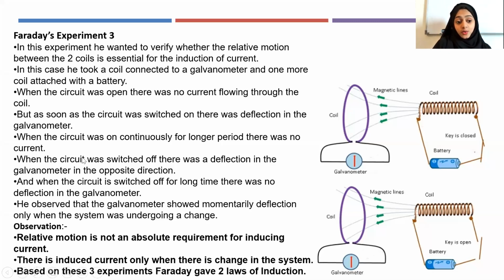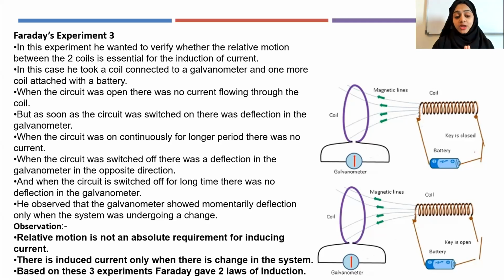Now, when the circuit is switched off, what happens? Suddenly there is a deflection in the opposite direction. When the circuit was switched off, the magnetic field came back from 5 Tesla to 0. There is a change in the magnetic field. Then the galvanometer showed deflection.